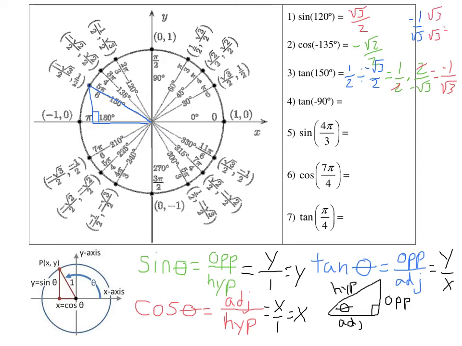And when you do that, you get negative square root 3 over, what's the square root of 3 times the square root of 3? Square root of 9, which is 3. So your answer, kind of ugly, let me rewrite that. Your answer for this particular one is negative square root 3 over 3. That would be the answer to this problem.